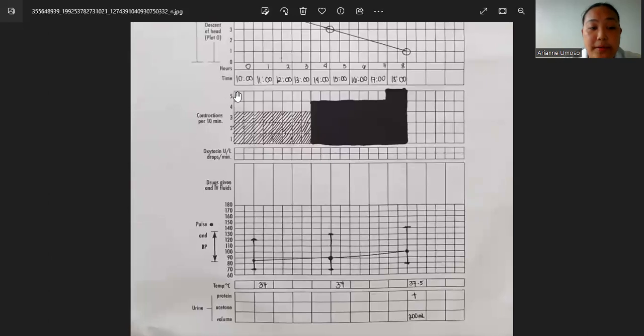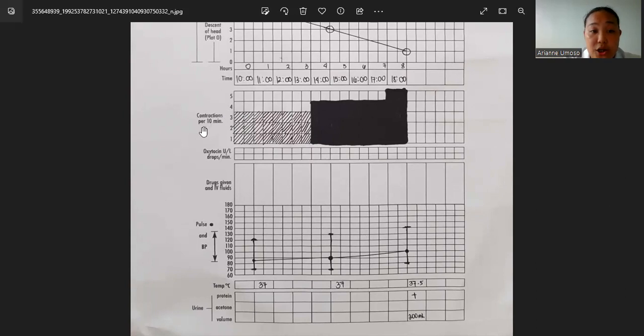Each square represents 1 contraction. If the contraction lasts less than 20 seconds, it is left blank. With diagonal lines, the contraction lasts between 20 to 40 seconds. And with solid shading, the contraction lasts more than 40 seconds.